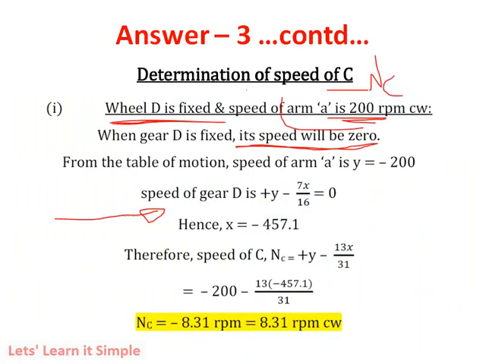Therefore, here the speed of arm is 200 rpm clockwise. Keep in mind, clockwise is taken as negative, therefore y is equal to minus 200. So you have to substitute the value of y here, and we will be getting x as this value, which is minus 457.1.